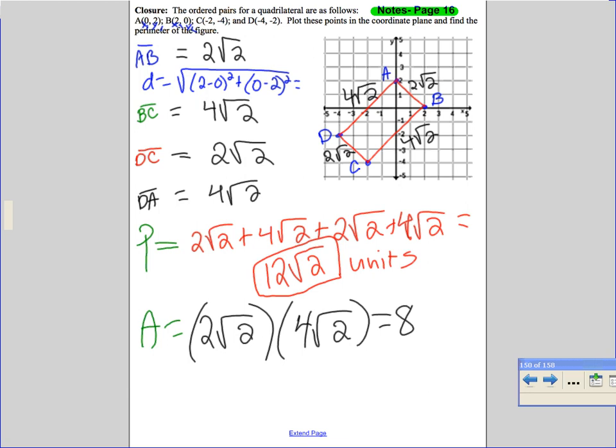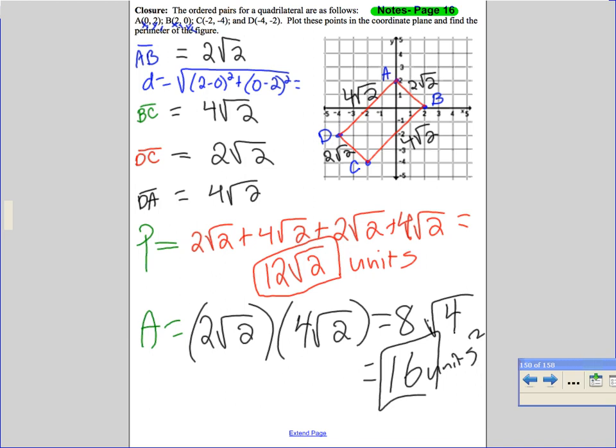Close. Shane? Yep. So when you're multiplying, Drew, you were good. You have one little thing we need to fix. 2 times 2 is 4, and then square root of 4 is 2. So you end up with the area is 16 units squared. Again, just something extra I wanted to add in.